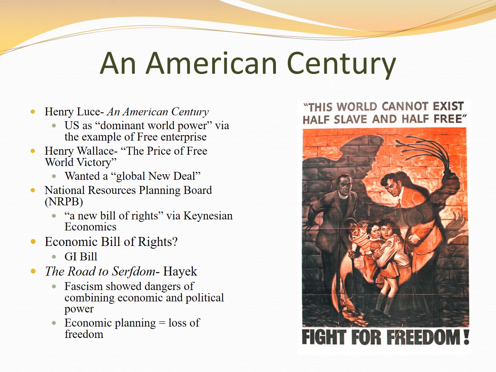Emphasizing economic security and full employment, the NRPB called for a, quote, new Bill of Rights that would include all Americans in Social Security and guarantee education, health care, adequate housing, and employment.